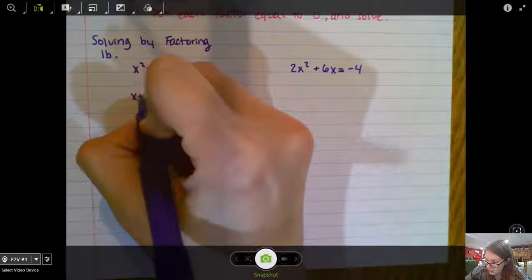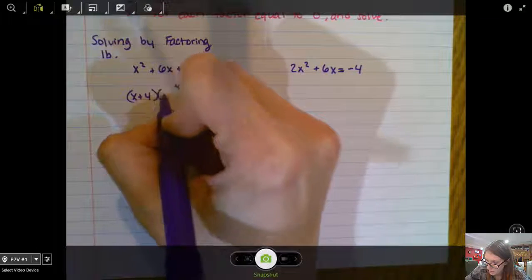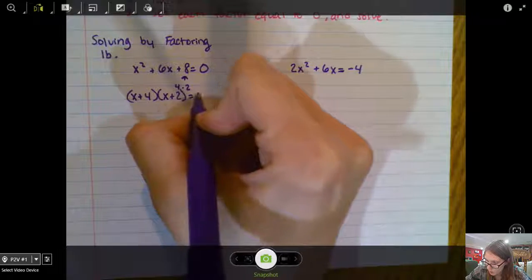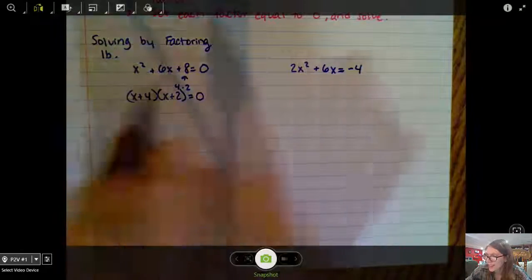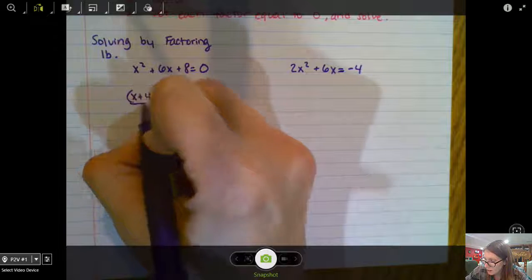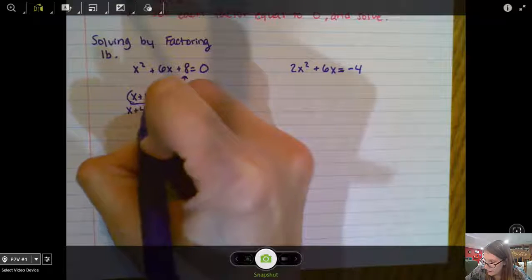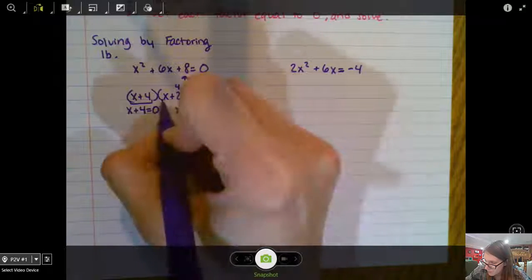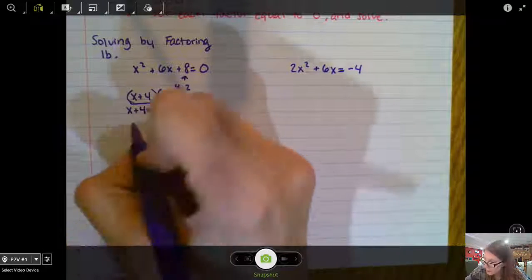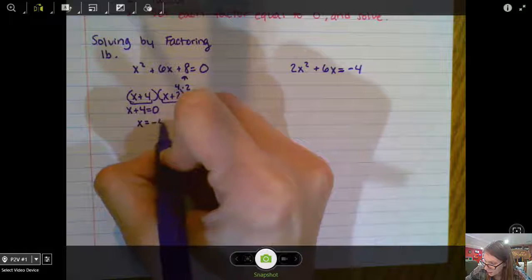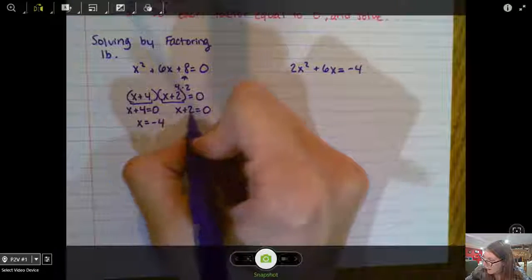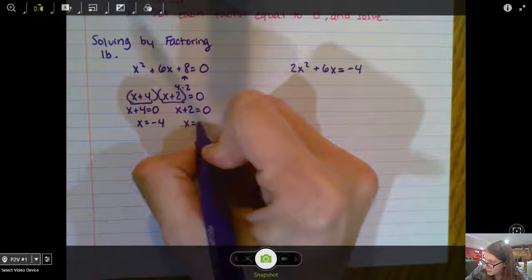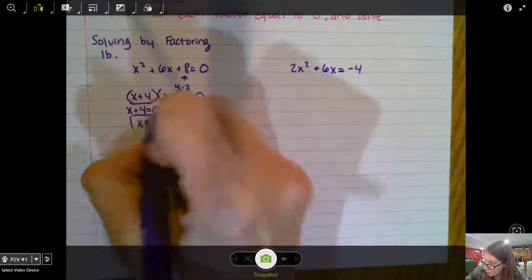So I get x plus 4 times x plus 2 equals 0. Now I set each factor equal to 0 and solve. X plus 4 equals 0 when x is negative 4. And x plus 2 equals 0 when x is negative 2.